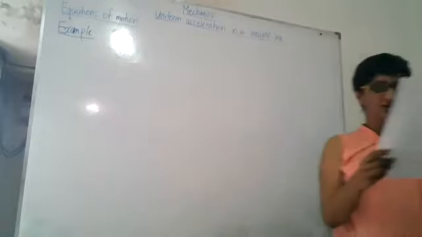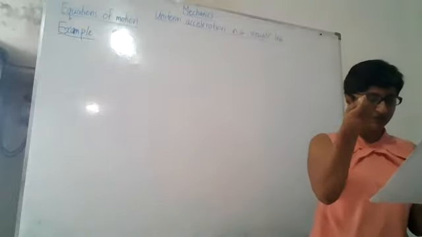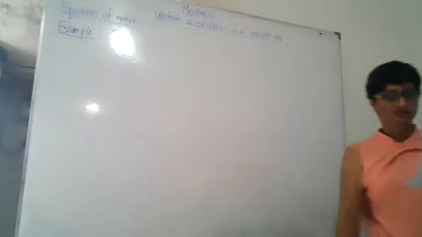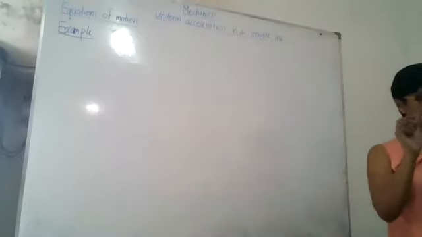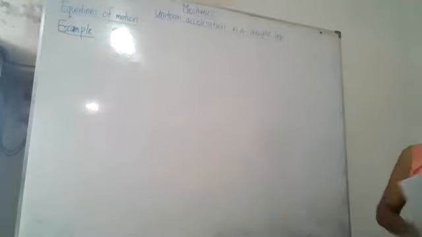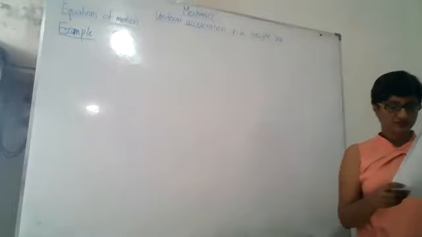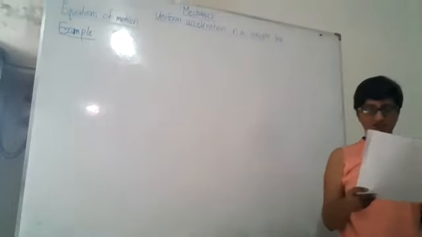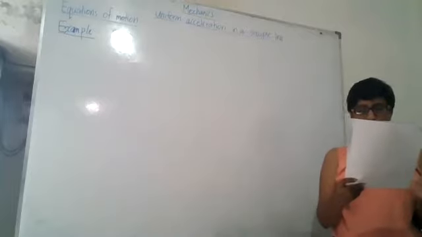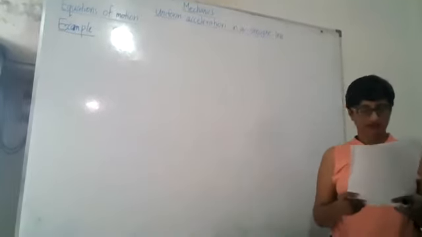So let's consider an object held 8 meters above the ground that is thrown vertically upwards. That information is important. It's thrown vertically upwards at a speed of, I'm giving you the initial speed of throw, 50 meters per second.